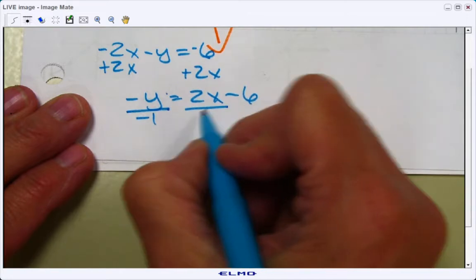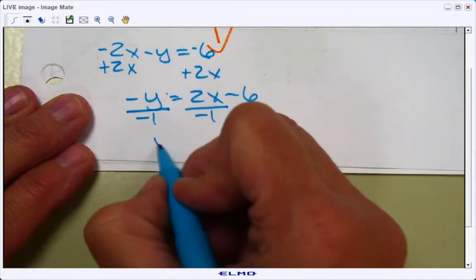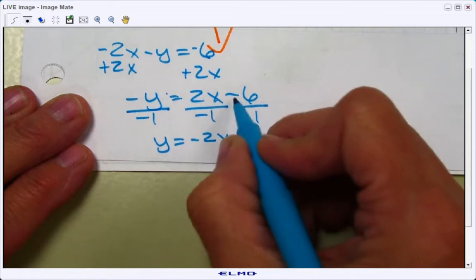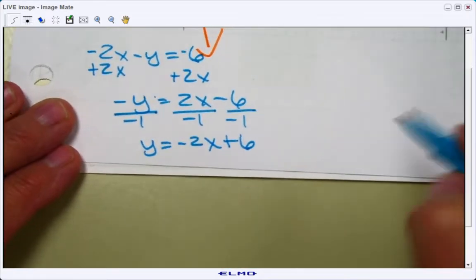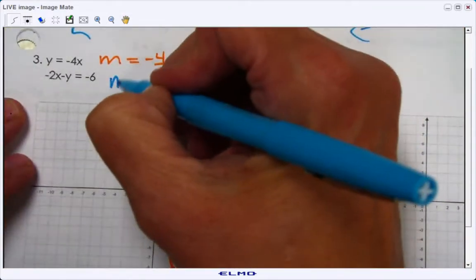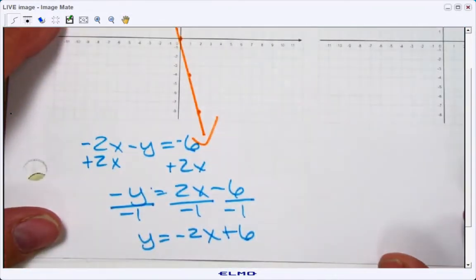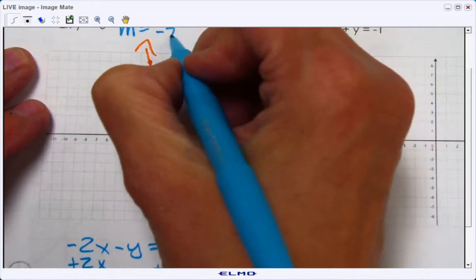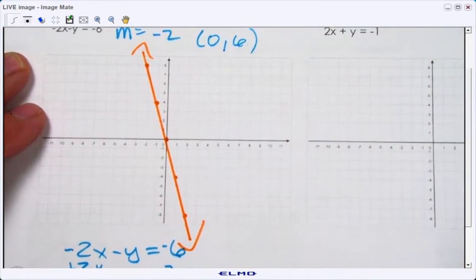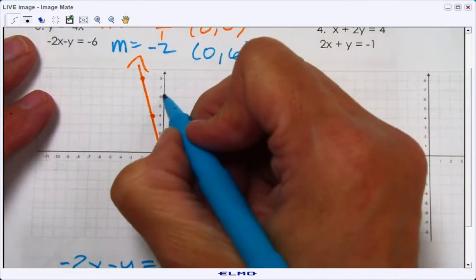I divide by negative 1, and I get y equals negative 2x plus 6, because negative divided by negative is a positive. So up here, the slope is going to be negative 2, and the y-intercept is going to be 6.